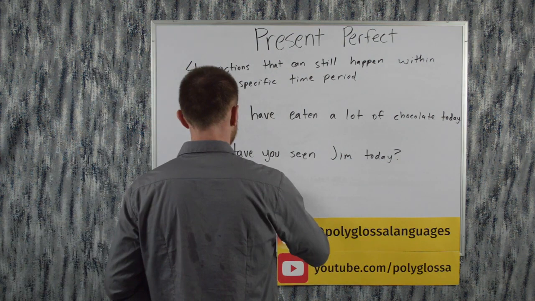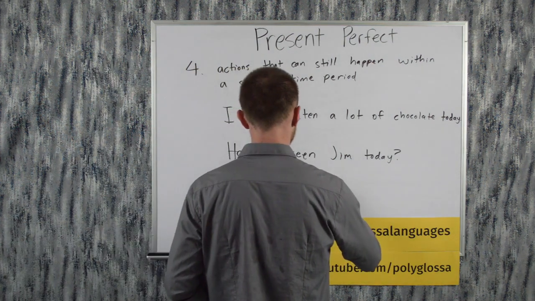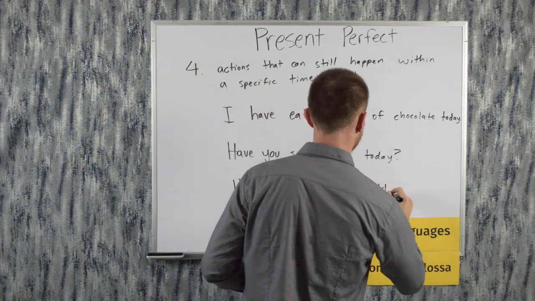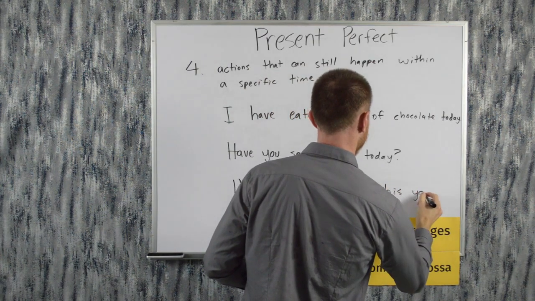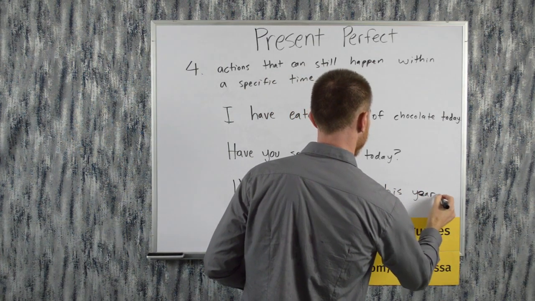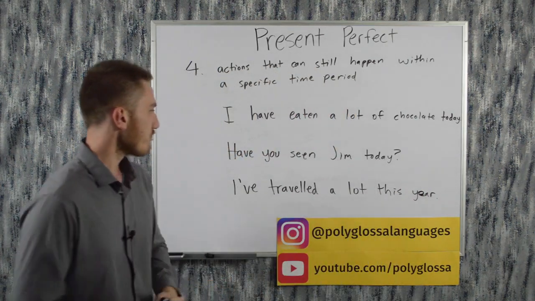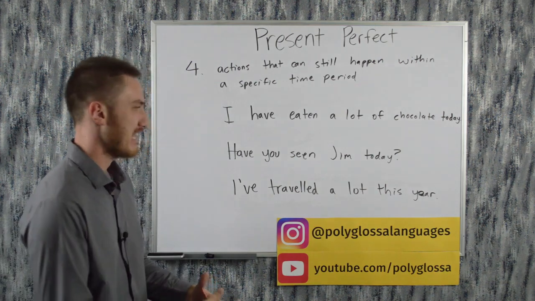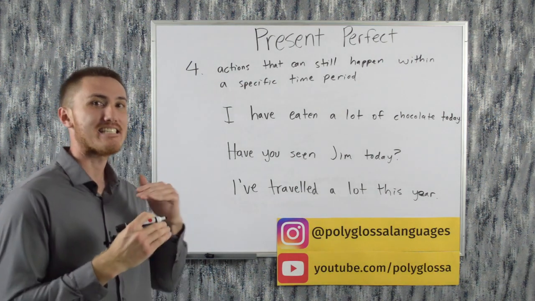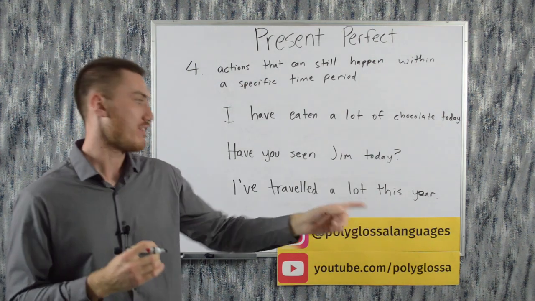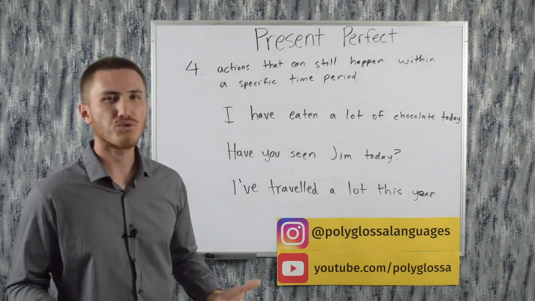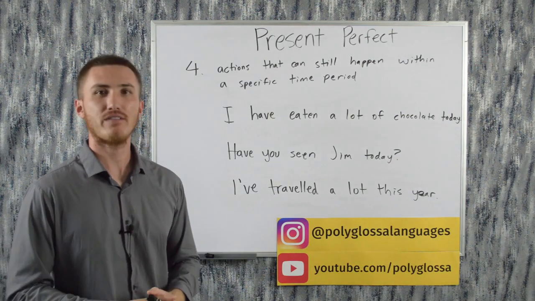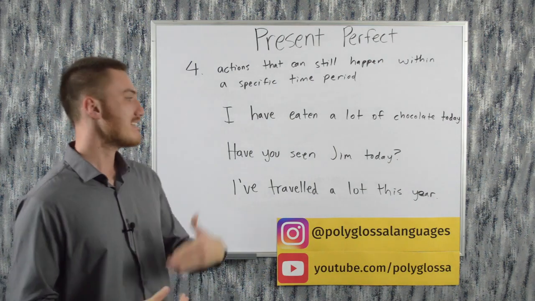Let's look at one more. I might say this. I've traveled a lot this year. Okay? This year. So, if I say this sentence, I've traveled a lot this year, that means that I can still travel more this year. So maybe it's only June or July, and I say, wow, I've traveled a lot this year. Well, I could still travel more.